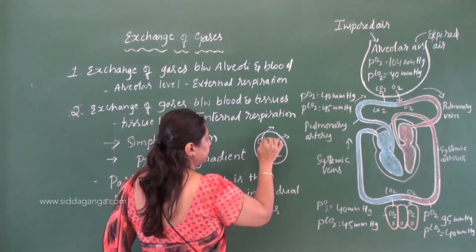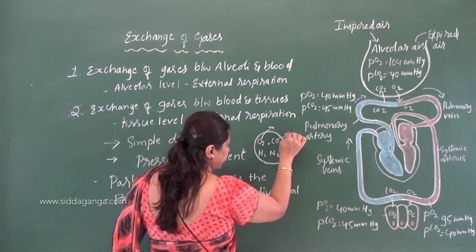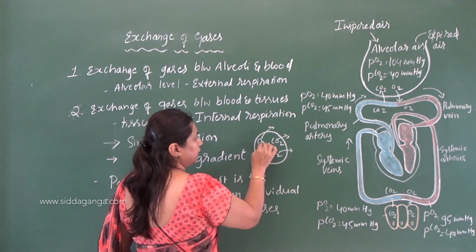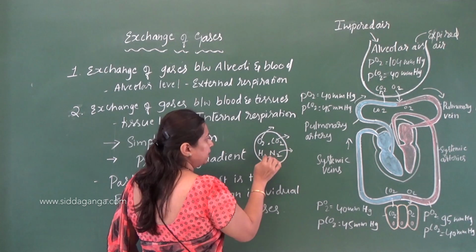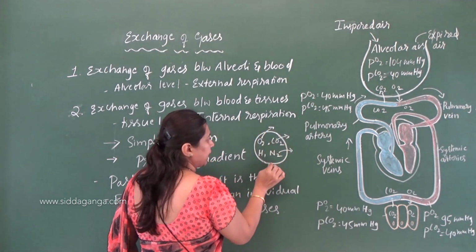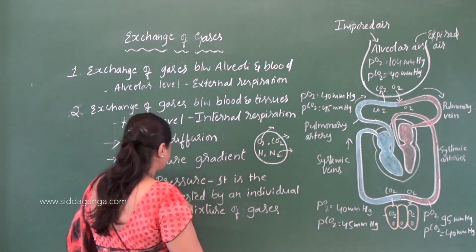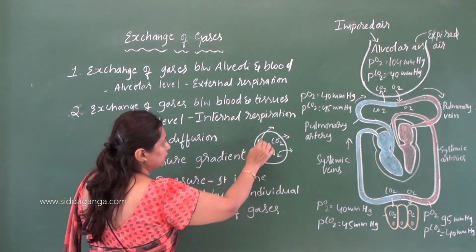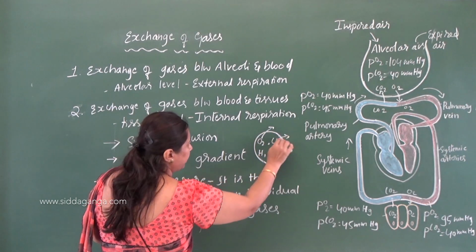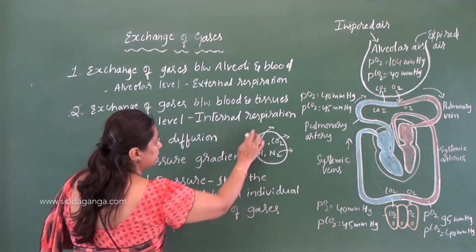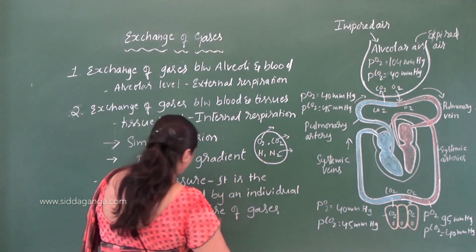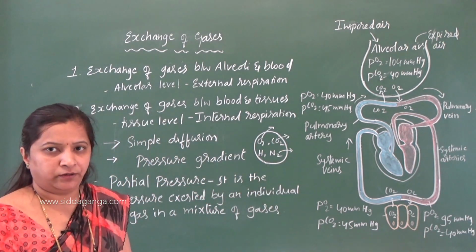Oxygen exerts some pressure, carbon dioxide exerts some pressure, nitrogen exerts some pressure. The pressure contributed by an individual gas in a mixture of gases is called the partial pressure.